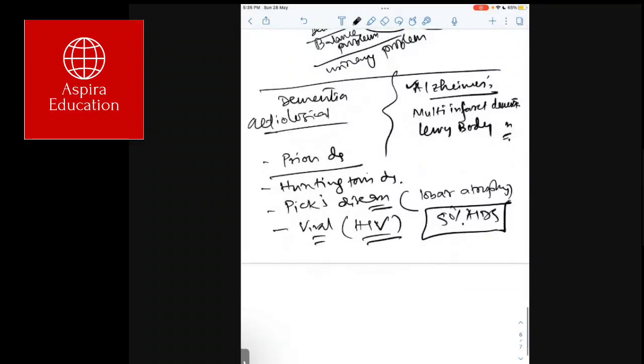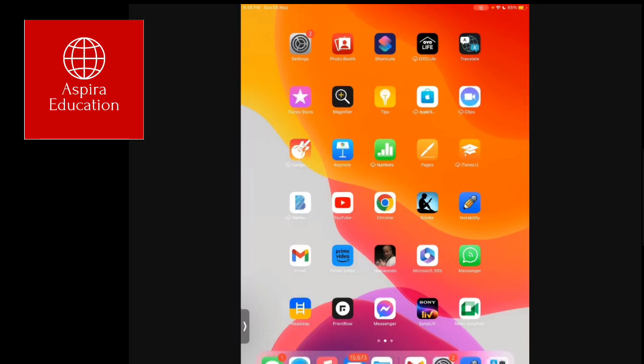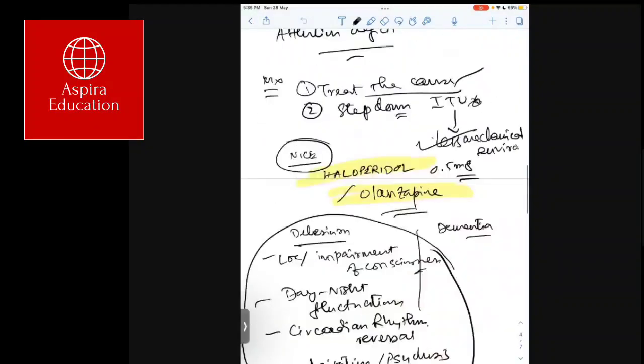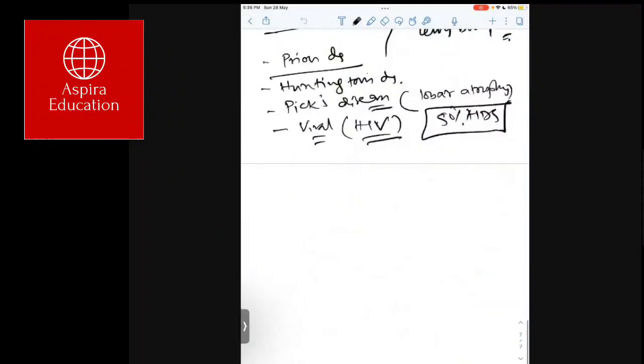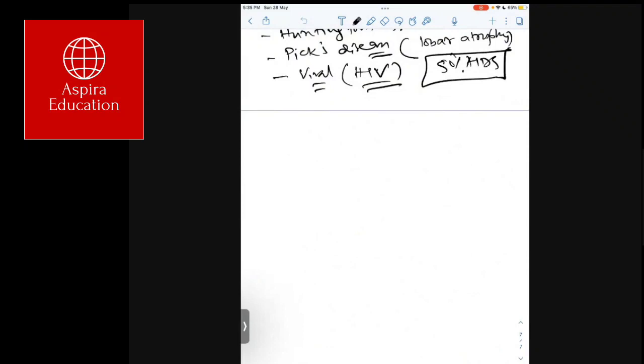Remember, whenever we are getting a case of dementia, we need to identify that geriatric dementias are usually irreversible. So we can't help. But first of all, whenever we are discussing dementia, we need to identify whether there is any reversible cause of dementia.